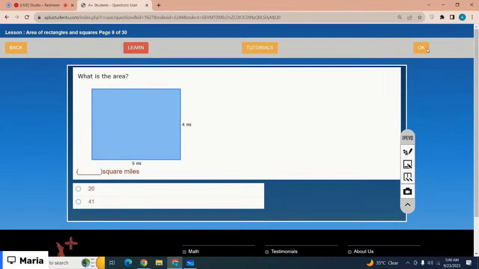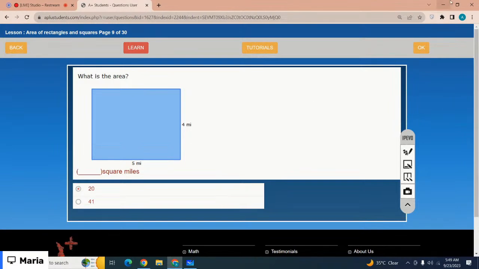Okay, what is the area? So, which is the correct option? Yes, it is 20.